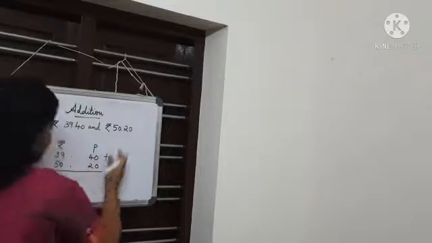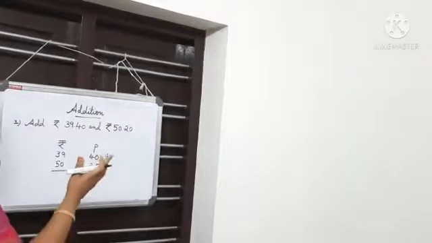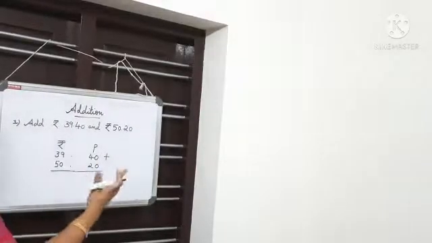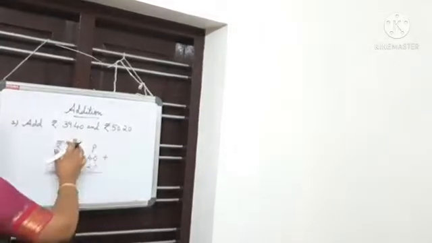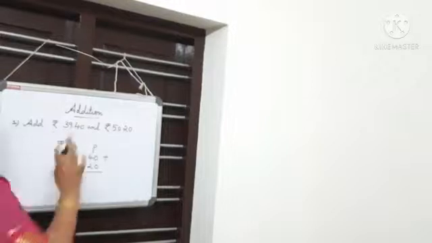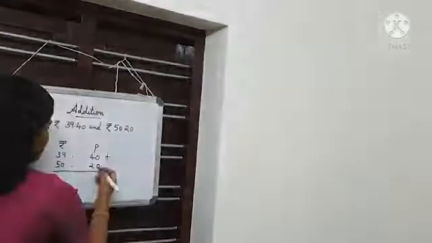Now add. This is like any other addition. You have already learned to add when the numbers are given in kilogram and gram, and in milliliter and liter. The same way we can add this. Here the only difference is that we have rupees and paise instead of kilogram and gram. Now let us start adding.